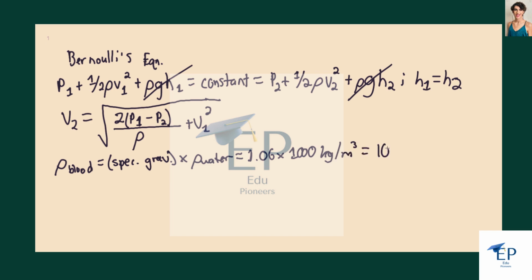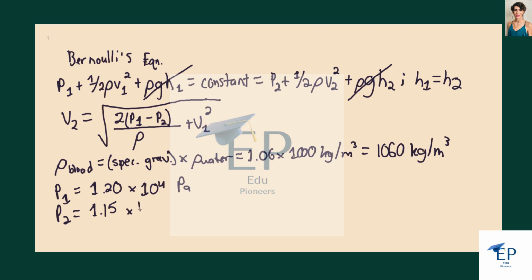And the density of this person's blood specifically is going to be 1,060 kilograms per meter cubed. P sub 1 equals 1.20 times 10 to the 4th pascals. P sub 2 equals 1.15 times 10 to the 4th pascals.